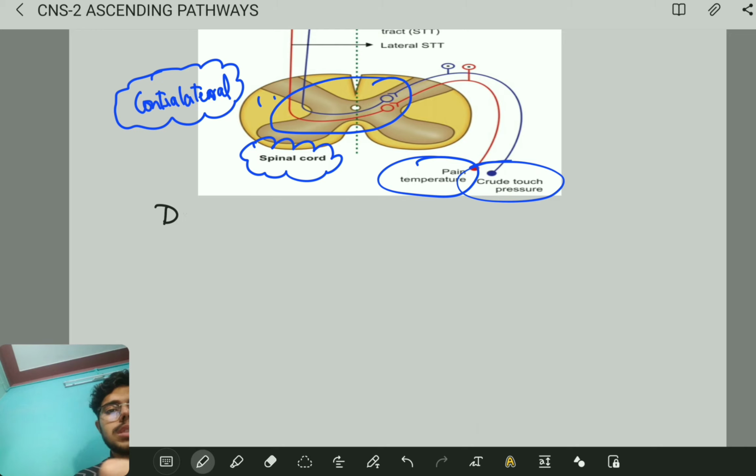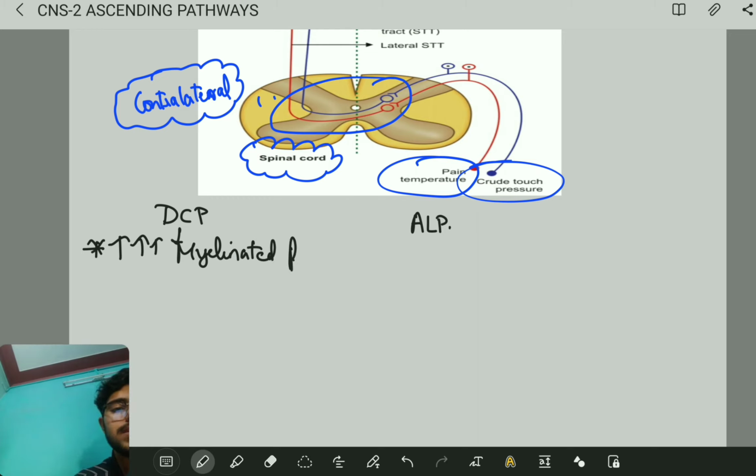Okay. Now, a very important question they are asking you: what is the difference between dorsal column pathway and anterolateral pathway? What we discussed, in dorsal column pathway there will be more amount of myelinated fibers, right? Since there is more amount of myelinated fibers, how will be the conduction speed? It will be more.